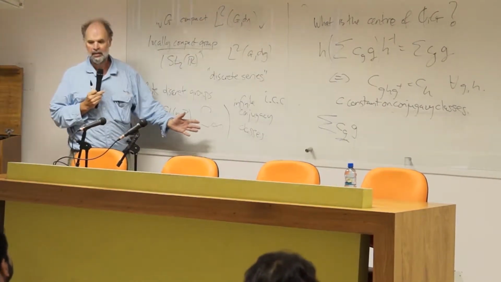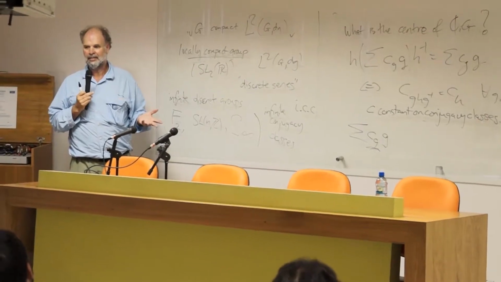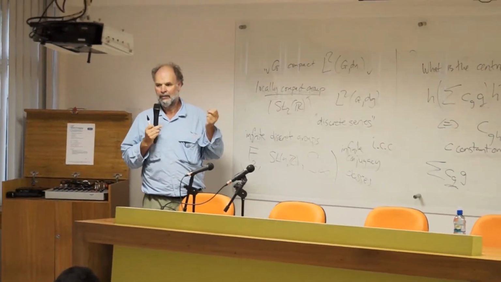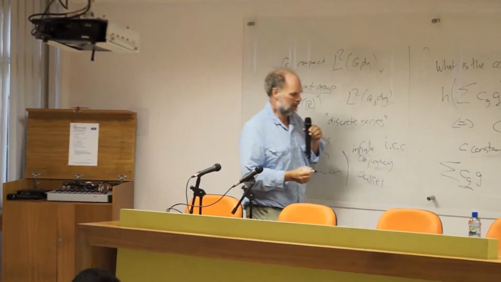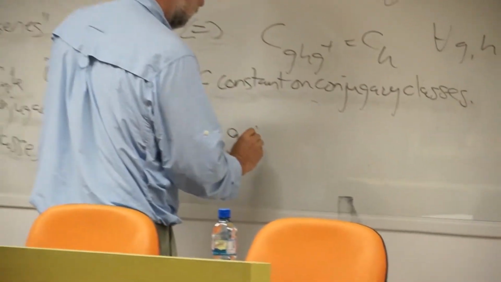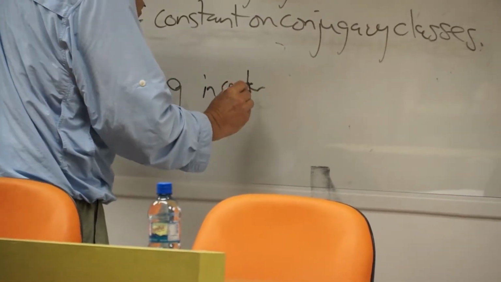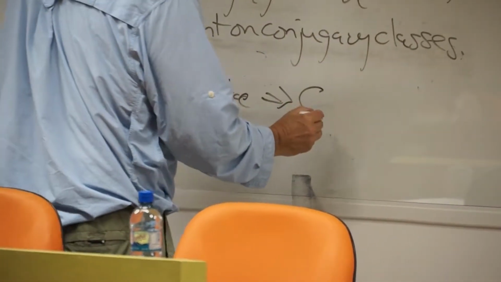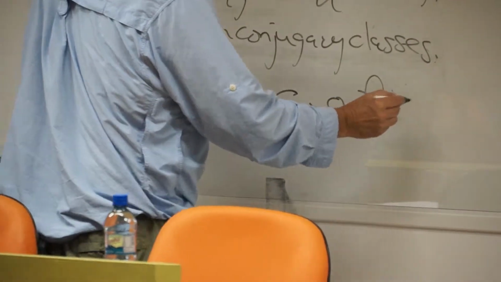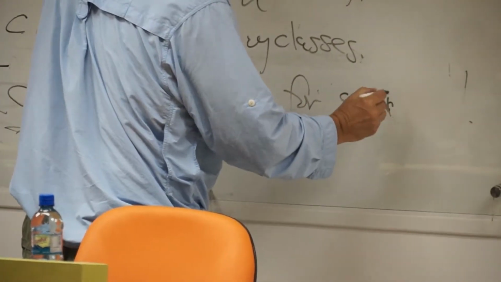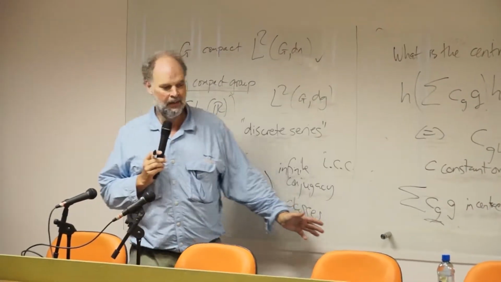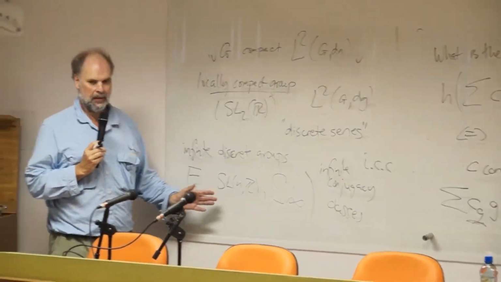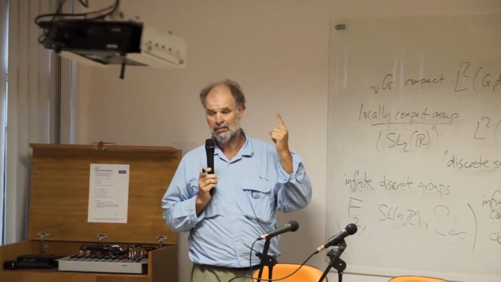All of these groups have infinite conjugacy classes, except of course the class of the identity, that's obviously finite. So we find that being in the center implies C_g equals 0 for g different from the identity. So we've now calculated the center of the group algebra of one of these groups, and it's one-dimensional. It's just scalar multiples of the identity.